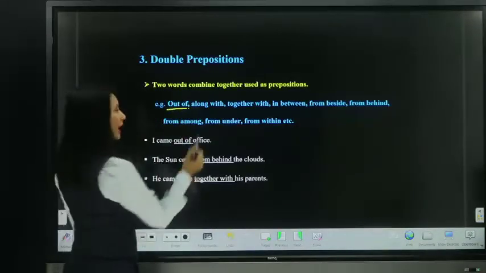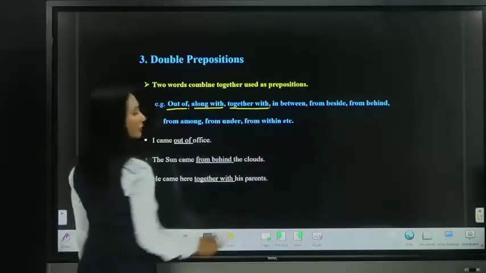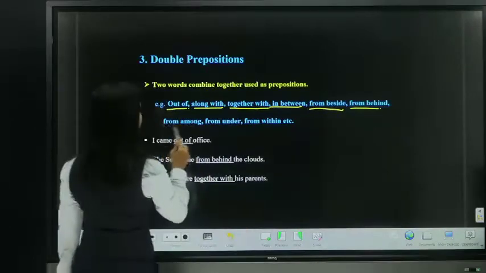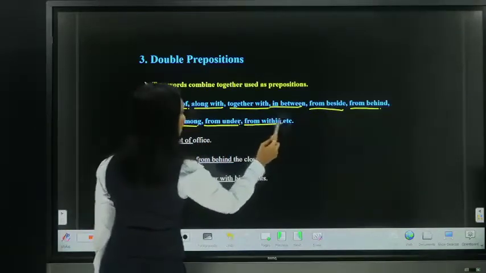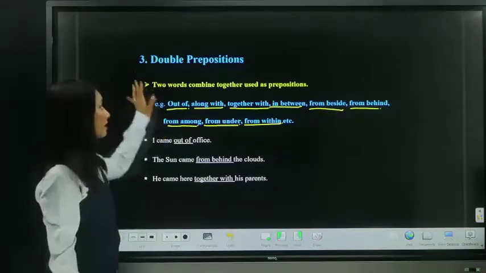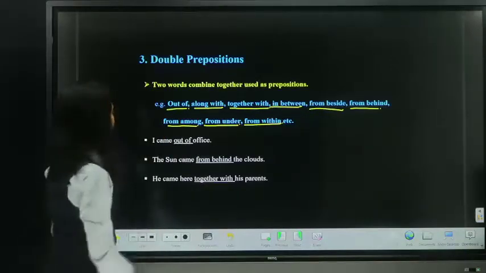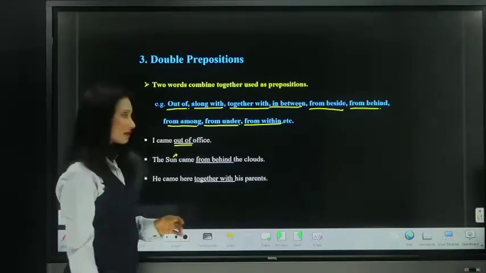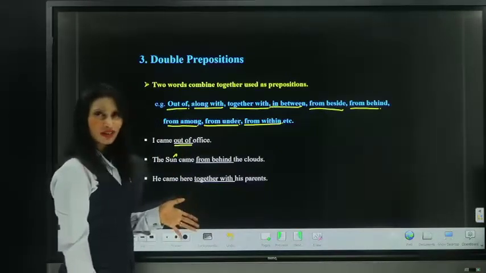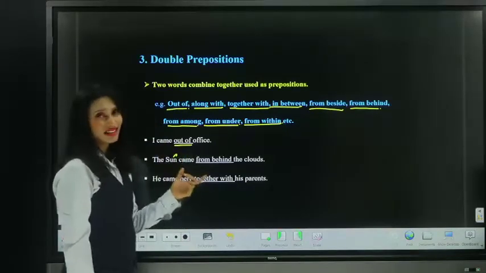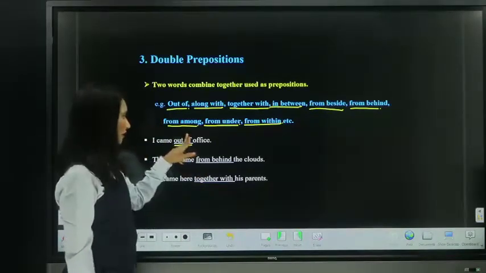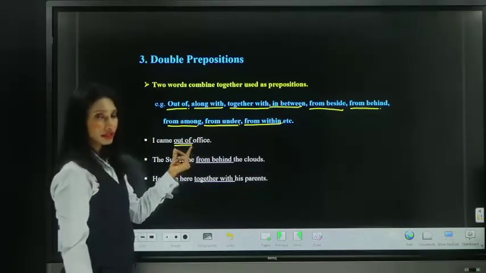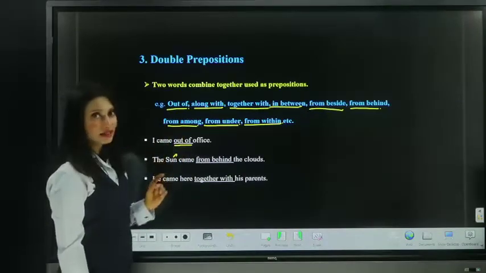Out of, along with, together with, in between, from beside, from behind, from among, from under, from within, etc. are double prepositions.